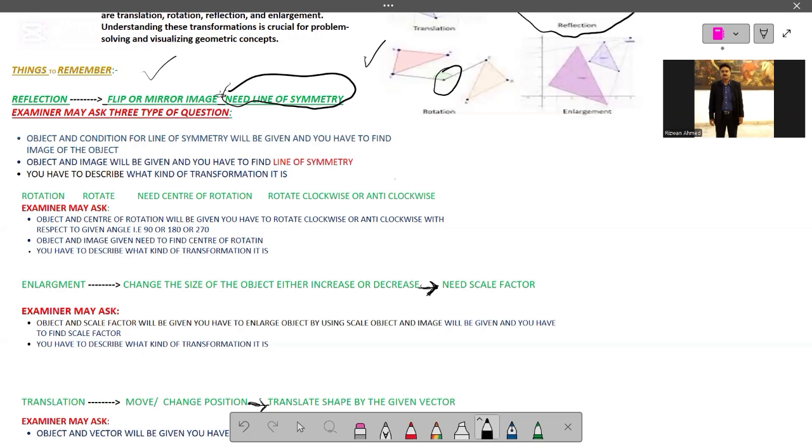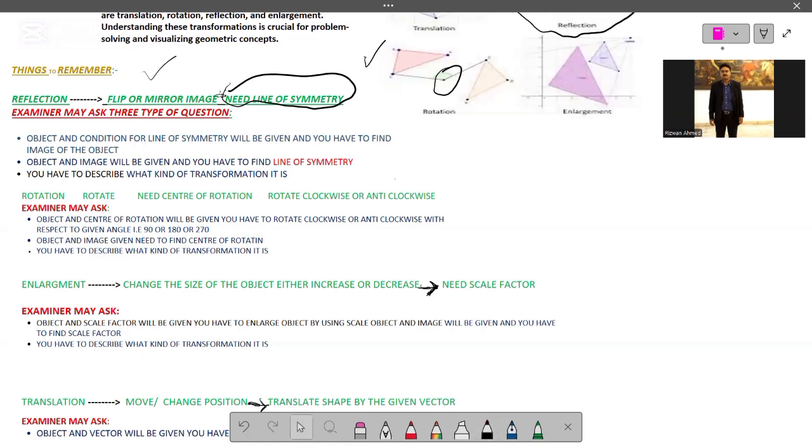The second one, both object and image will be given and you have to find the line of symmetry. And the last one, you are given a picture and you just have to describe what kind of transformation it is. You have to recognize whether it's a reflection, a rotation, or a translation.